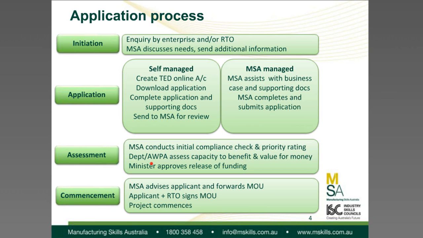In some cases, the Australian Workplace Productivity Agency also gets involved. And what they do with MSA is assess your application based on 2 points: the capacity to benefit and the value for money for the training.